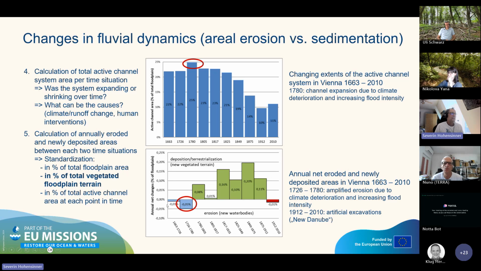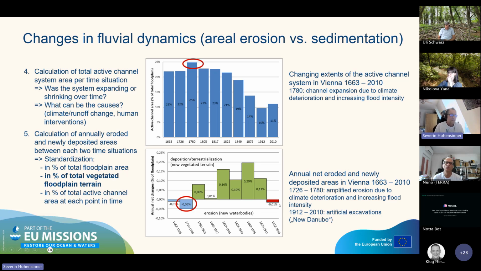Blue would mean erosion, annual changes here in percent of the floodplain area, annual erosion, which means there are new water bodies. And the green is deposition, terrestrialization, which means new vegetated floodplain terrain.